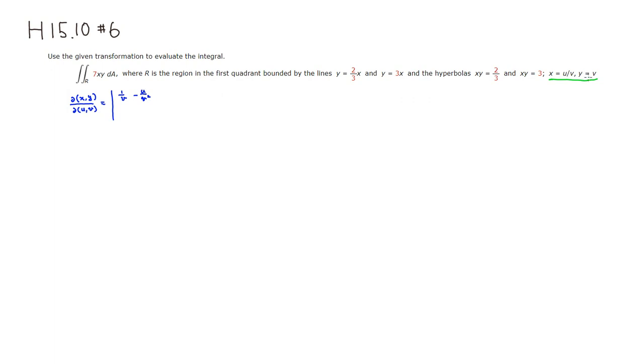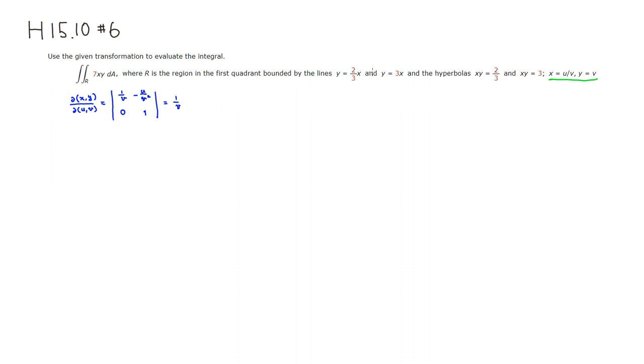The partial of y with respect to u is 0 since it's constant, and the partial of y with respect to v is 1. So this is 1 over v times 1 minus negative u over v squared times 0, which is 0. So we just get 1 over v.